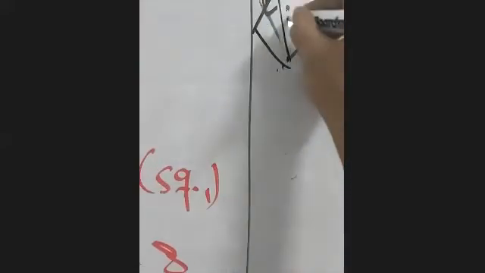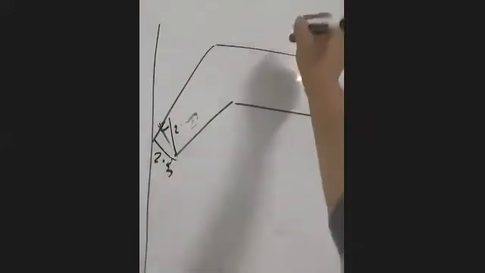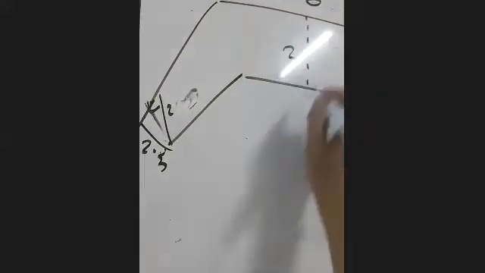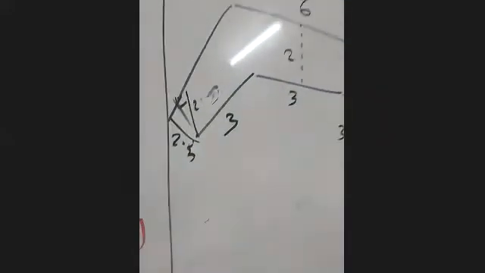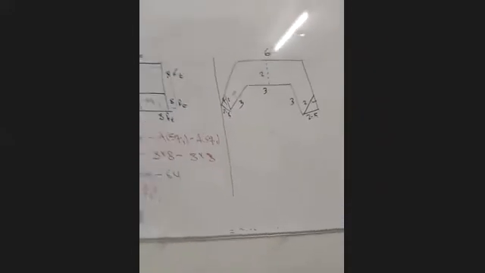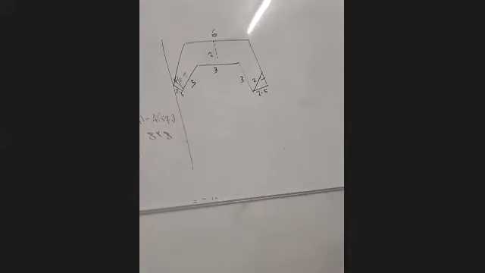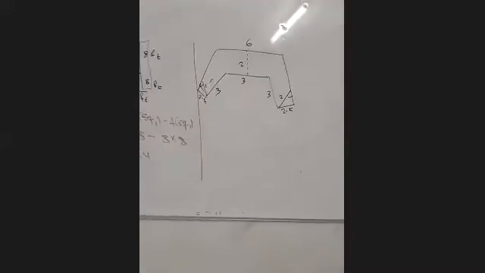This is a right angle, 2 and 2.5. Right, Mr.? Yes. And up we have 6. And this 2. What else do we have? On the inside we have a 3. Yes, 3, right? Do we have other dimensions? No, only this. Okay, focus with me now.